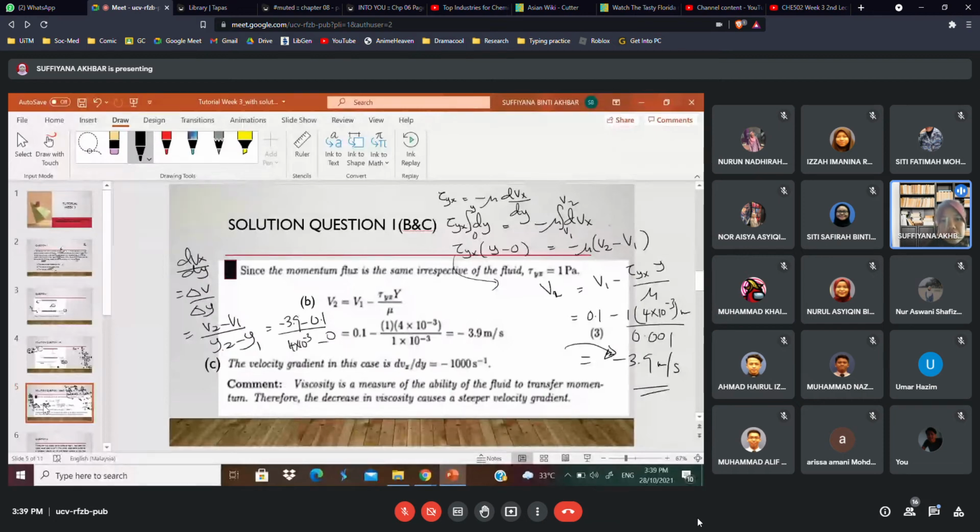So you get negative 4 divided by 4 times 10 to the power negative 3, which is negative 1,000 per second. Negative here means the velocity decreases with y, because the slope is negative. This is x, this is y, and it keeps decreasing.